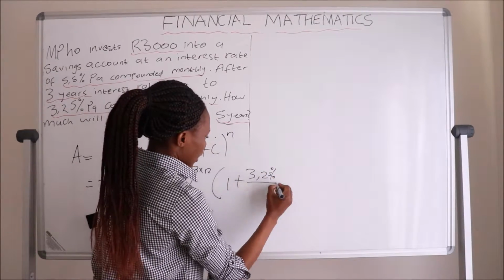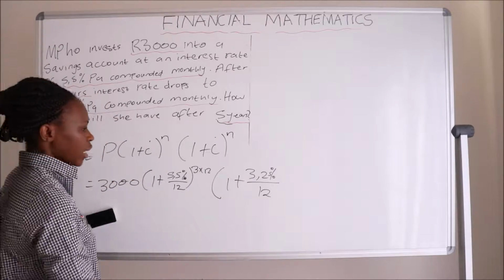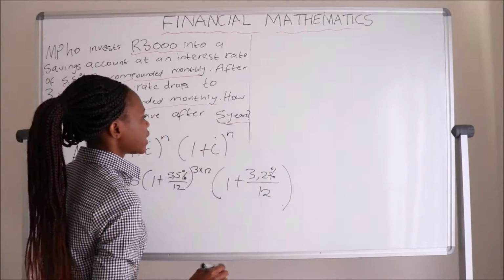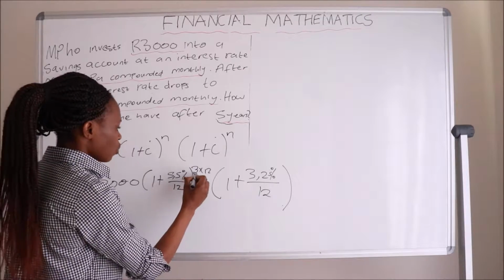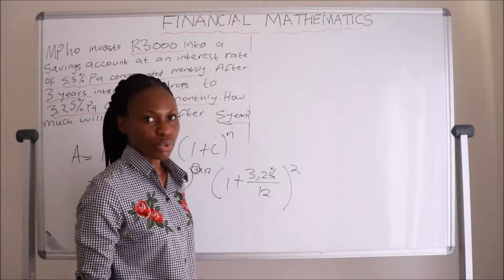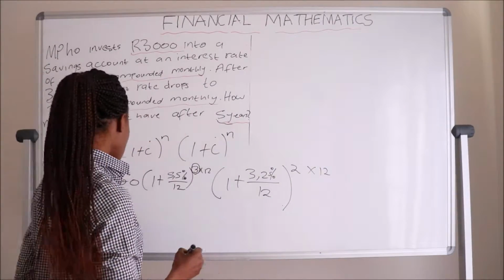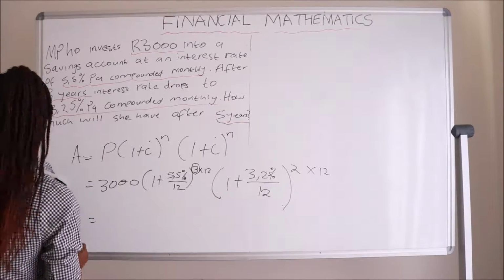This will also be divided by 12 because it's compounded monthly. And then to the exponent of, we're calculating in a period of 5 years. The first one only took 3 years, and the second one will take 2 years. So this will be 2 multiplied by 12. Then we just punch this into a calculator.